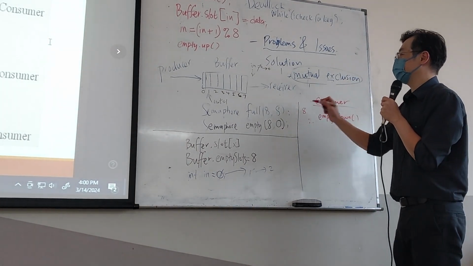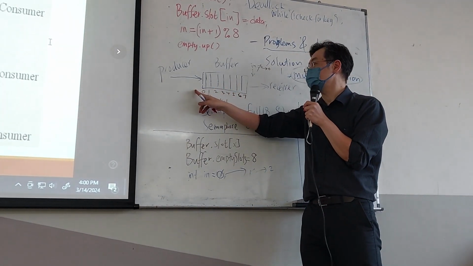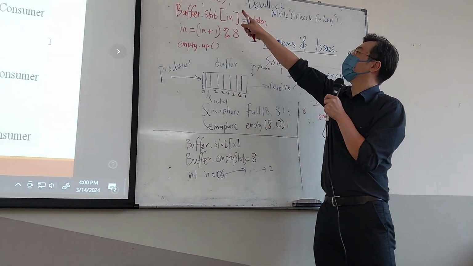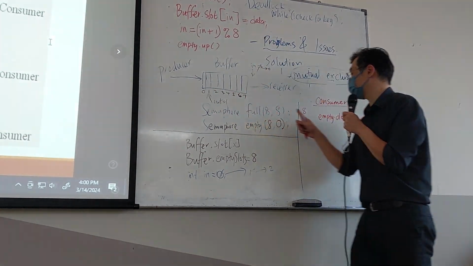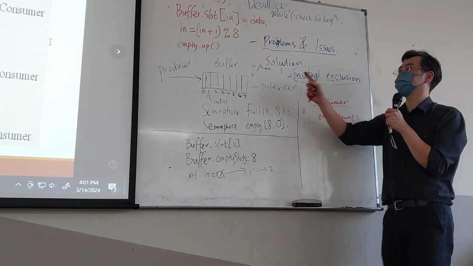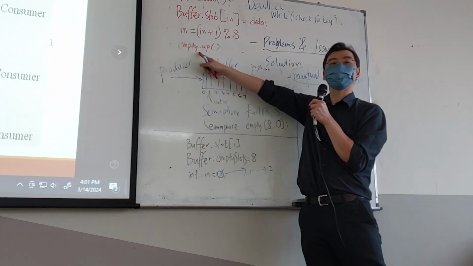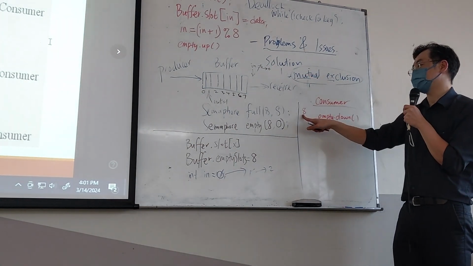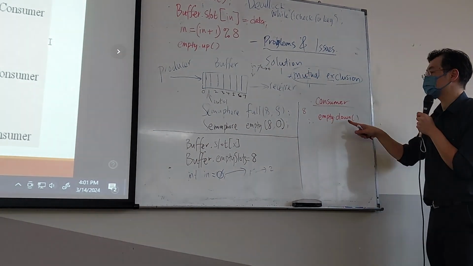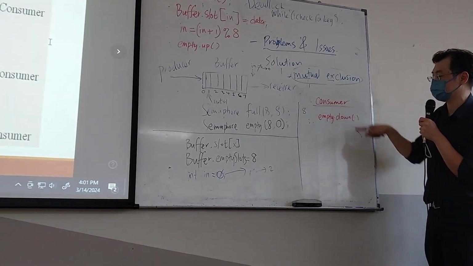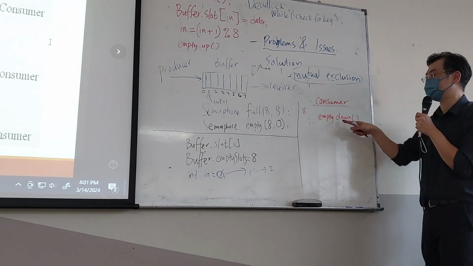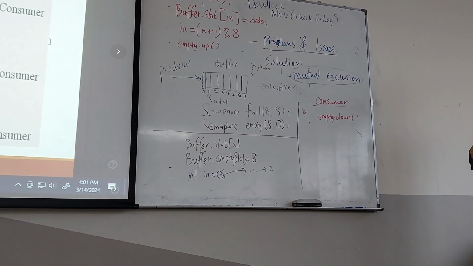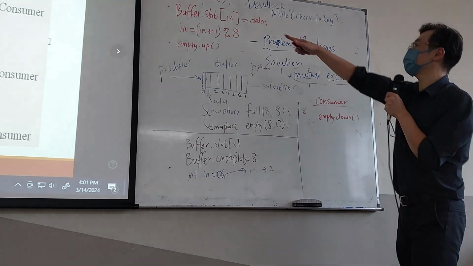So if the producer is faster and you fill up all this, the full is going to be 0, the empty is going to be 8, because you keep on adding it. So adding it 8 times and you get 8. So this consumer here can call this function 8 times at least before it gets blocked. Is that true?